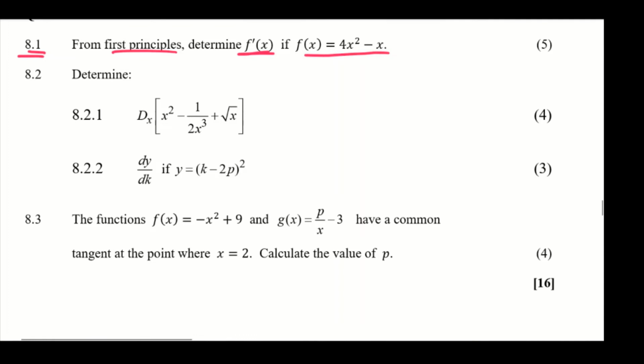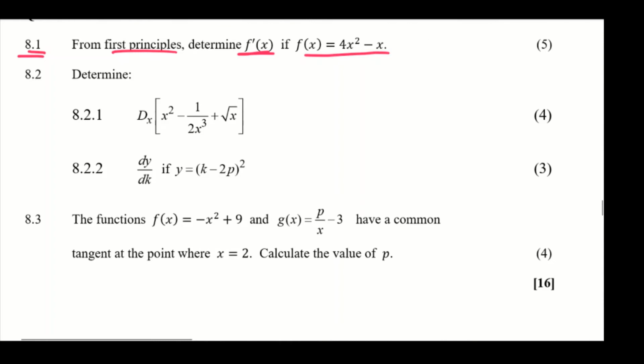The first thing before we differentiate, we need to change this root of x. So it's going to be d of x of x squared, and we're going to take this up because we want to differentiate it. So it's going to be minus x to the power of minus 3 over 2, and then plus x to the power of 1 over 2.